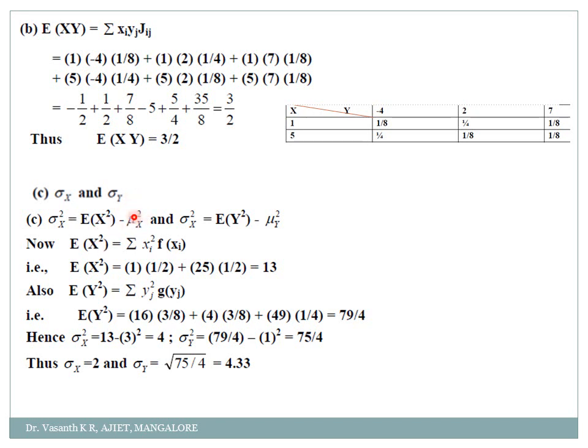No. F of xy is same as probability of xy only. Okay, where it satisfies the conditions, the probability of x comma y should be greater than or equal to 0, and the summation of that is probability of x comma y. When you add all the probability values of x comma y, the total probability should be always equal to 1, correct? This condition was there in the previous module also, correct? Always the total probability whatever we get, it should be equal to 1, and the probability value cannot be negative. Am I right? We never used to get the probability value as minus 1.4 or minus 0.4, minus 0.5 and all, correct?